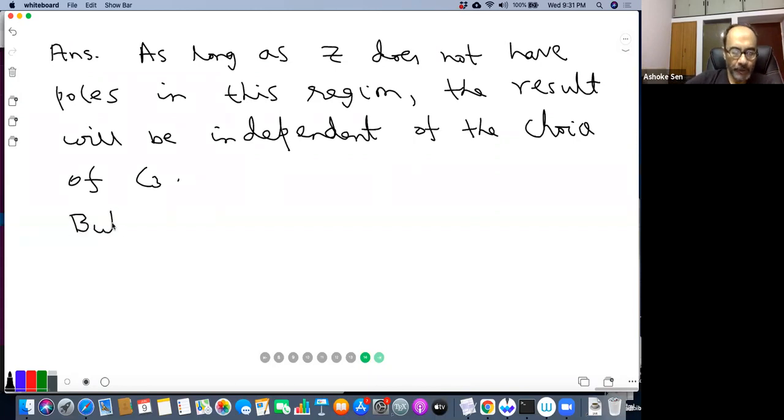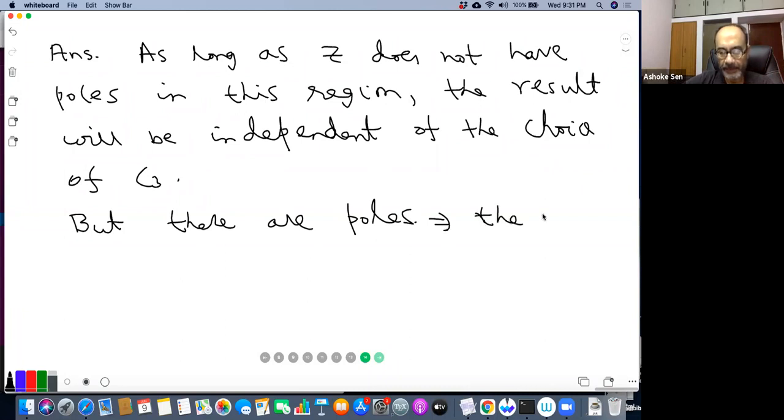However, there are poles, and hence the result does depend on C3.